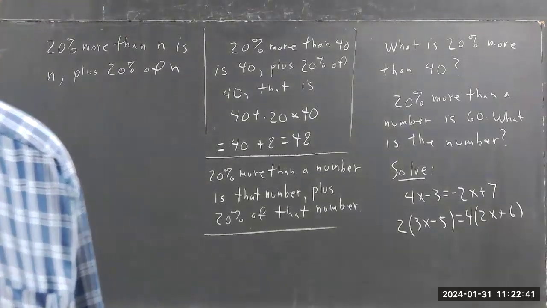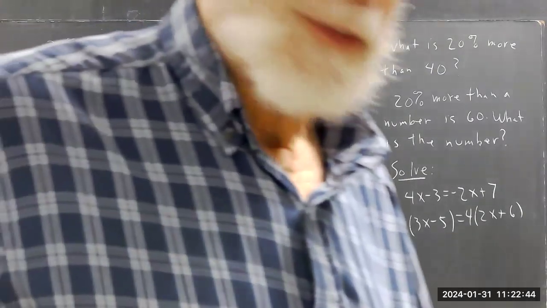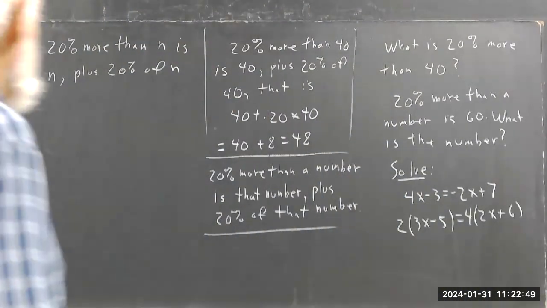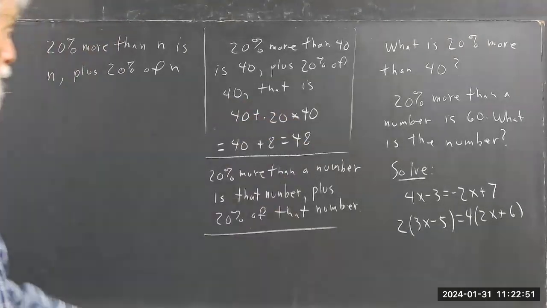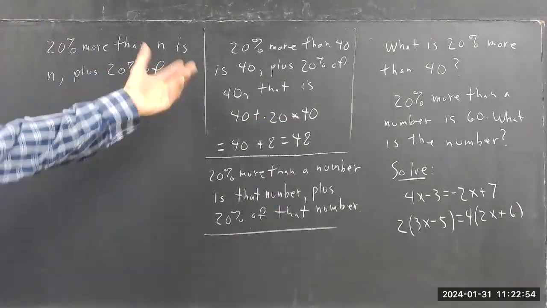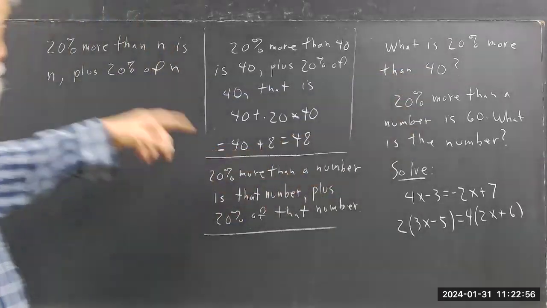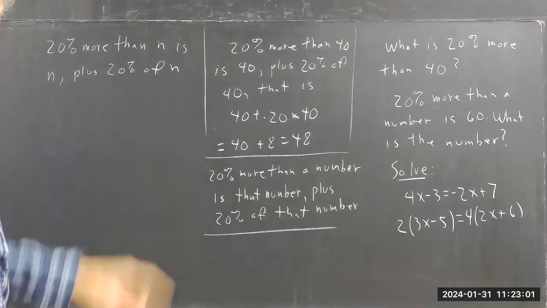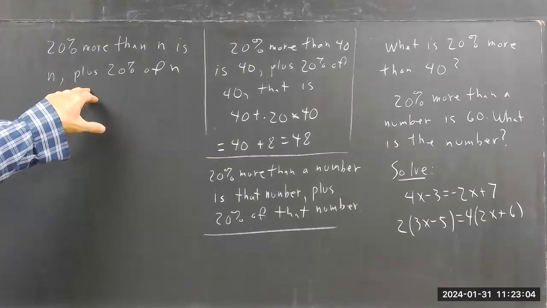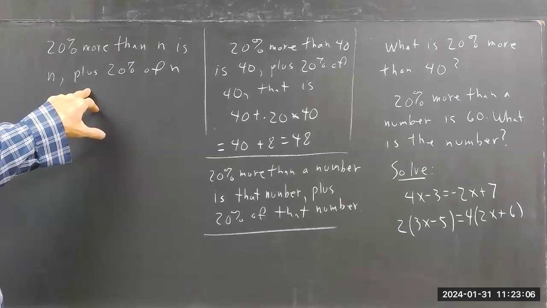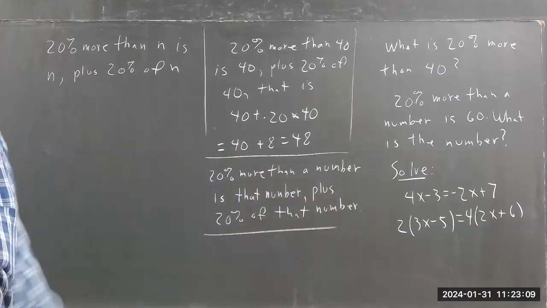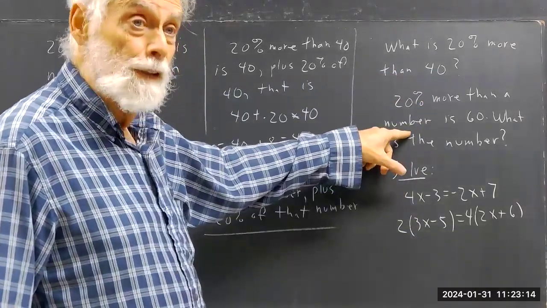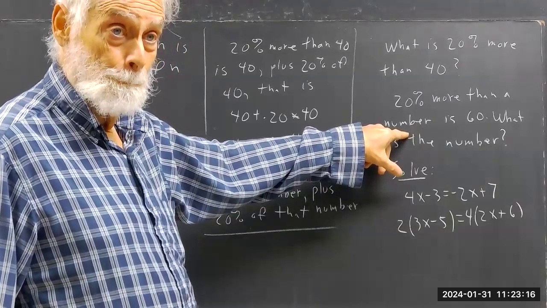Okay, that makes sense? Instead of calling it that number, we'll just call the number n. And the meaning of that statement ought to be clear. That means whatever number we want to put in here, if we want to put in 40, we can do 20% more than 40. That would say 20% more than 40 is 40 plus 20% of 40. This statement will work anytime you're talking about some percent more than something, whether it's something you know, like here, 40, or something you're trying to find, like here, the number, okay?